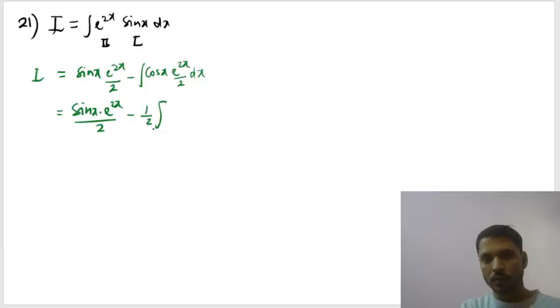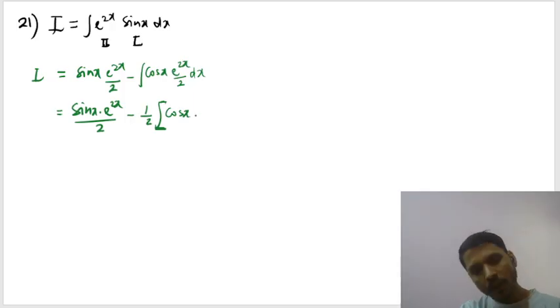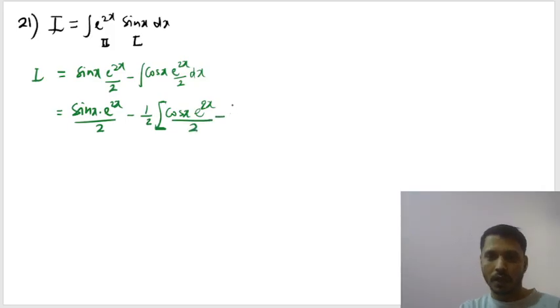So here I am taking inside bracket, this is bracket. So cos x will be as it is, and integration of e to the power 2x divided by 2, right? And minus, inside integration, derivative of the cos will become minus sine, and minus minus, so it will become plus.